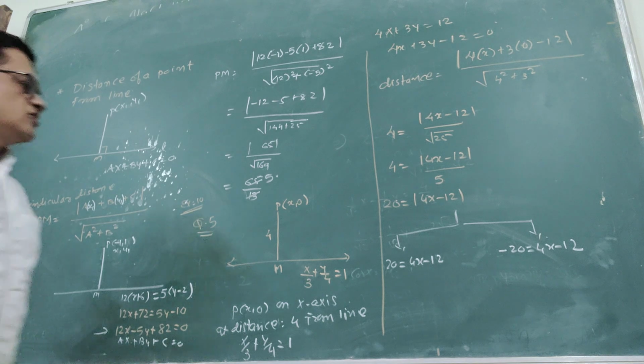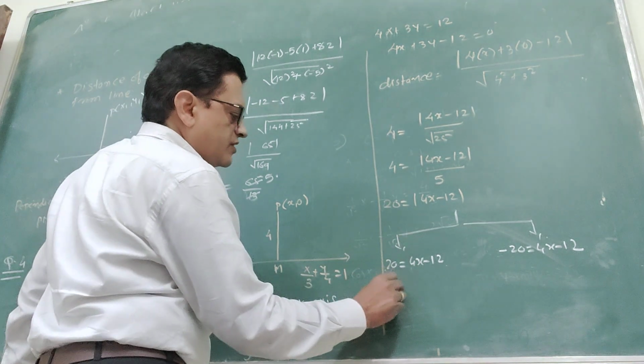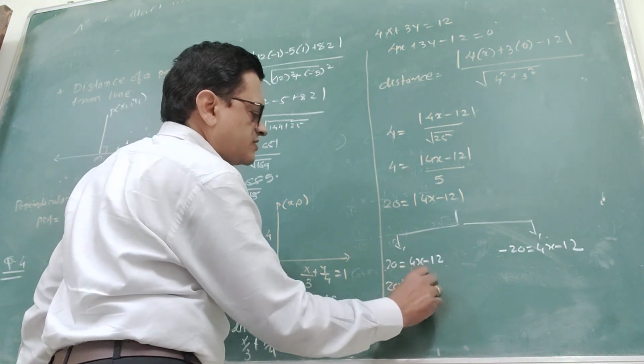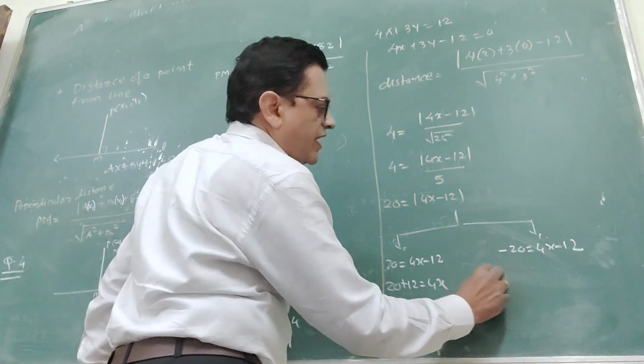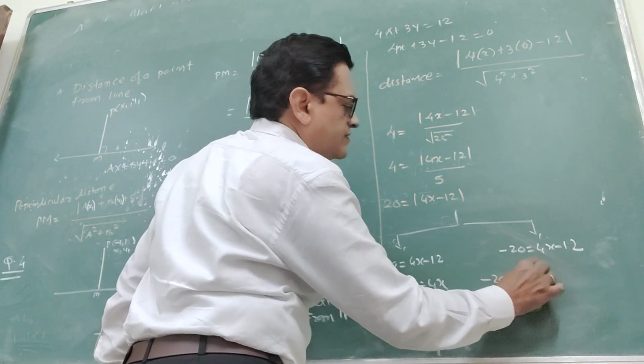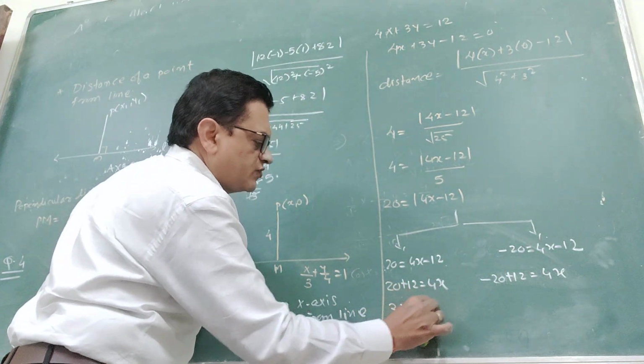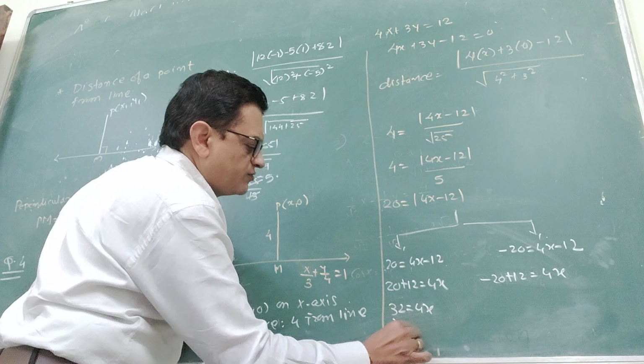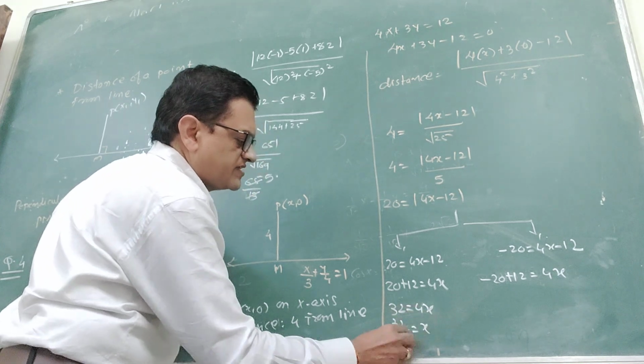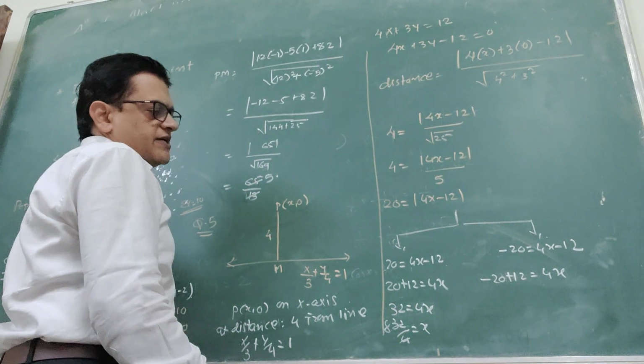Okay, so minus 12 here. 20 plus 12 is equal to 4x, and minus 20 plus 12 is equal to 4x. So here 32 is equal to 4x, 32 by 4 is equal to x. Therefore x is 8.